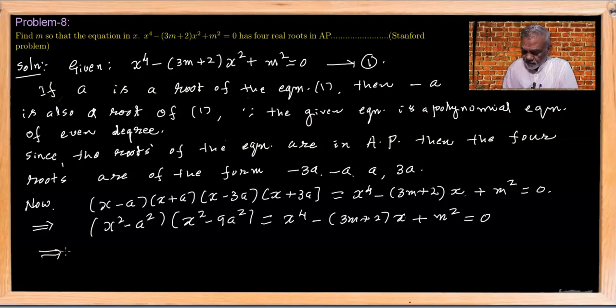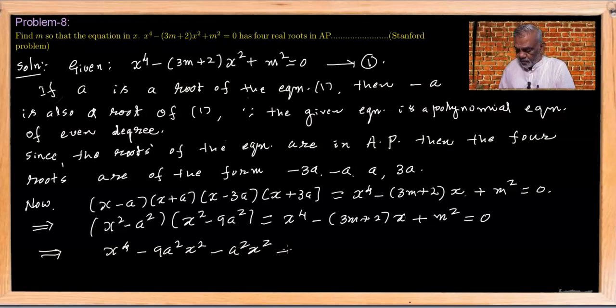This implies x raised to 4 minus 9a square x square minus a square x square plus 9a raised to 4 is equal to x raised to 4 minus (3m plus 2) into x square plus m square is equal to 0.